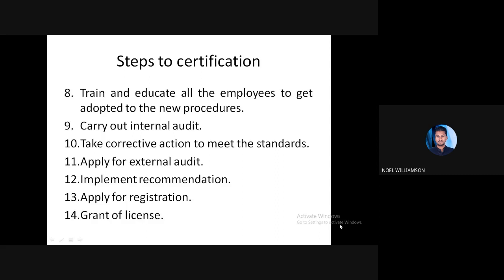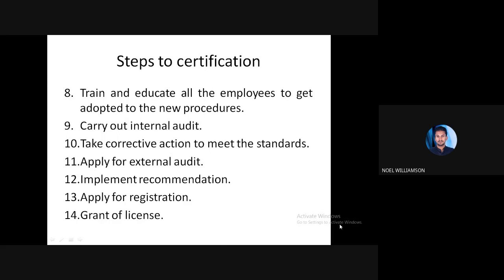So actually, the ISO does not certify by itself. So there are certain certifying organizations. Usually many countries have some audit organizations, or accreditation bodies, who will be giving the certification.